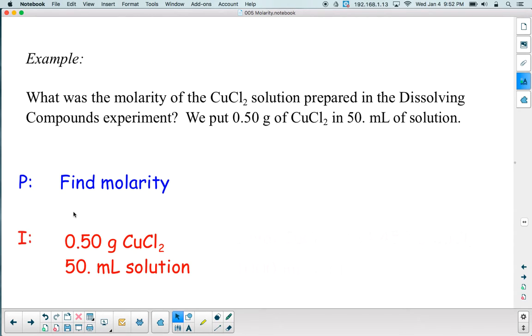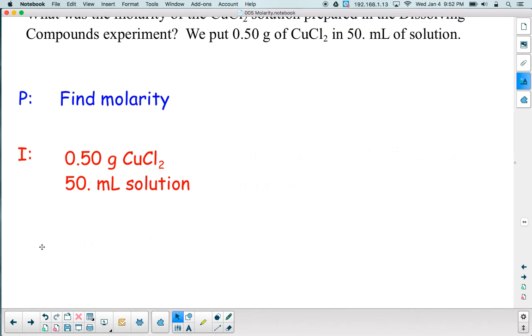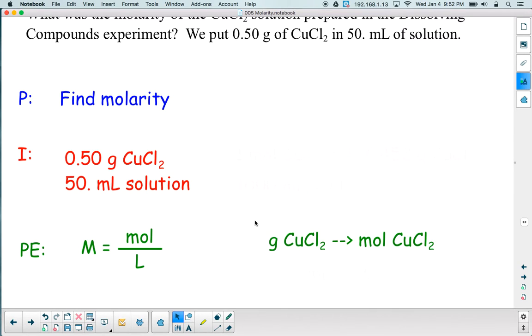So for my information, I have my 0.50 grams and my 50 milliliters of solution. Since this is a molarity problem, I'm going to need my molarity equation. Notice that molarity is moles per liter, but at the moment I have grams and milliliters. That means back in the information step, I'm going to need enough information to turn the grams of copper(II) chloride into moles, and enough information to turn milliliters into liters.